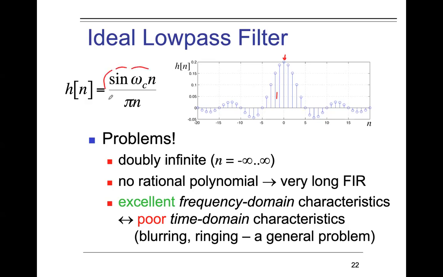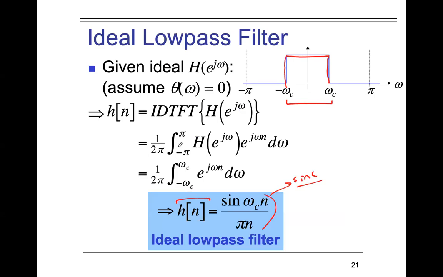It is sine(omega c n) divided by pi n. It is a kind of function which goes to plus infinity and minus infinity, because there is no u of n here, it is valid for all n's. You remember this formulation here?